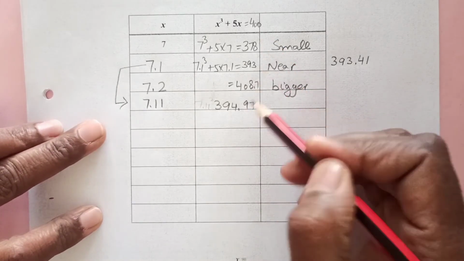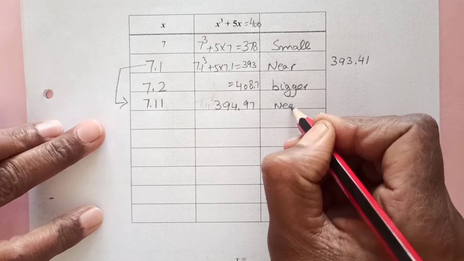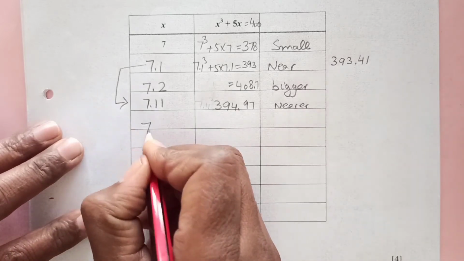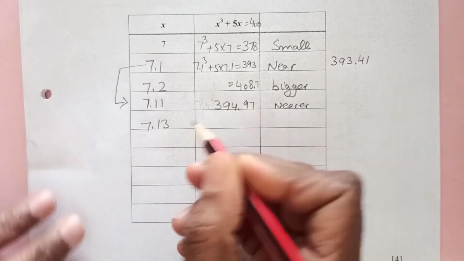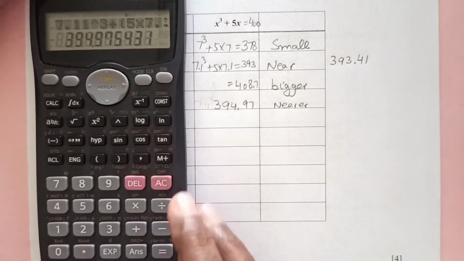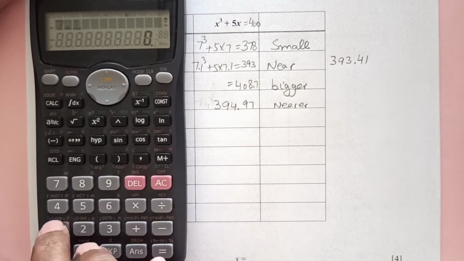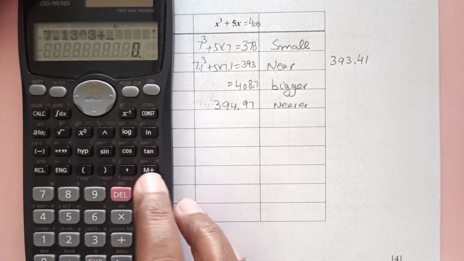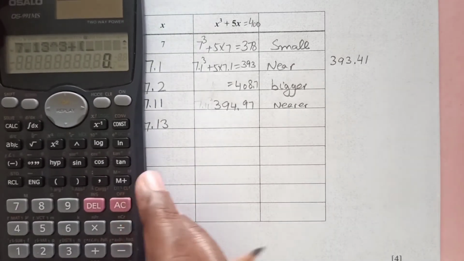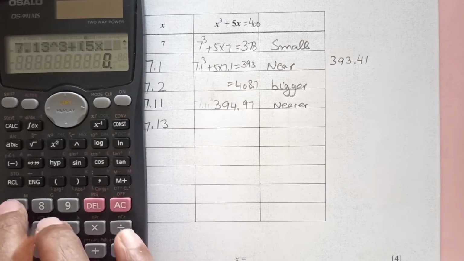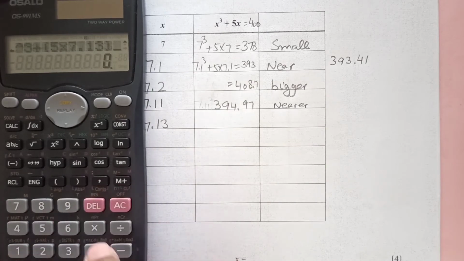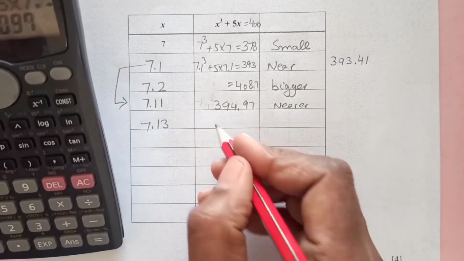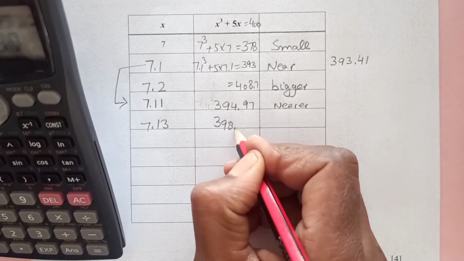So this is closer than that, nearer we can say. So let's say 7.13, I'm skipping one value here. 7.13 power 3 plus 5 times 7.13. So 398.11.